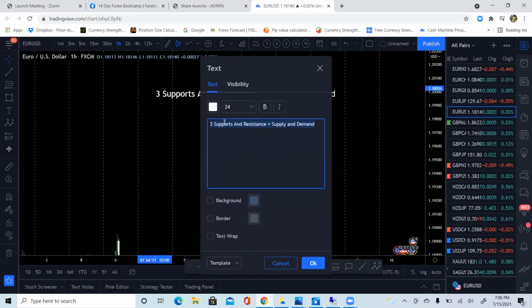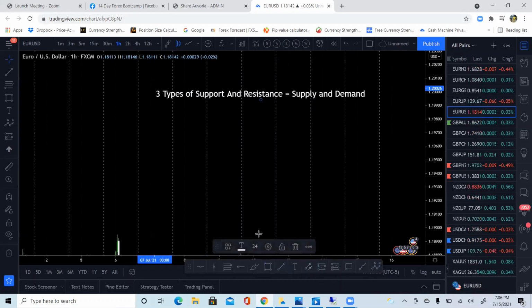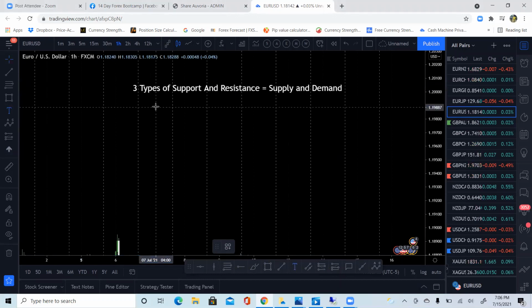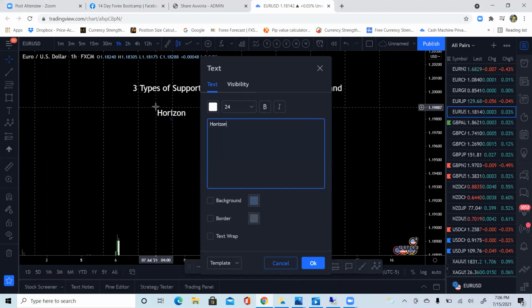So the 3 types of support and resistance. So in this, you have what's called your horizontal SNR, so support and resistance. And then you have your diagonal SNR.